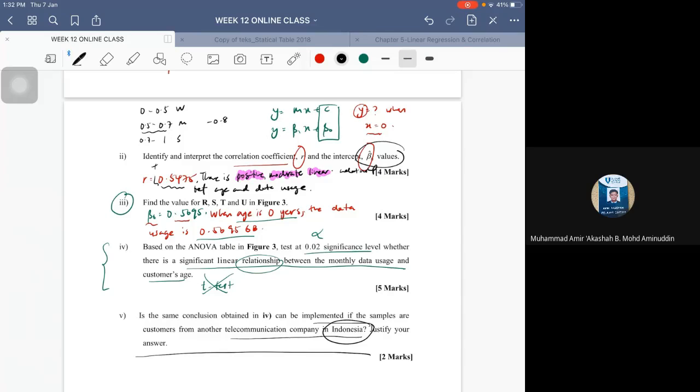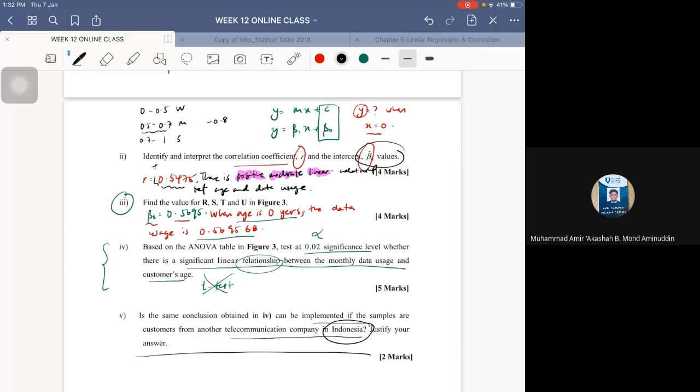Sorry to interrupt, but someone is asking a question in the chat box. I didn't notice that. She asked how the implementation would be, whether the conclusion holds if we use a different population. For example, for the x value just now, if the x value being suggested is within our range, then yes, it can be implemented.